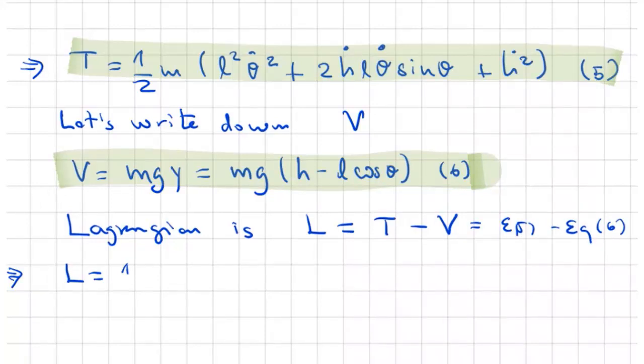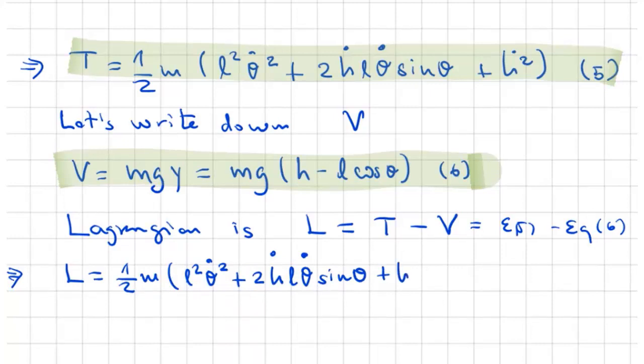We have here 1/2 of the mass, L squared theta dot squared plus 2 h dot L theta dot sine of theta plus h dot squared minus mg times h minus L cosine of theta.